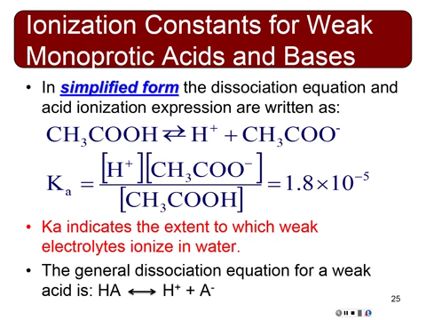We're not looking at Lewis acids at this moment. So HA, and then our equilibrium arrow. That's super important because it doesn't completely dissociate. It's going to form H plus and A minus. There's our conjugate base, and our proton is broken apart.